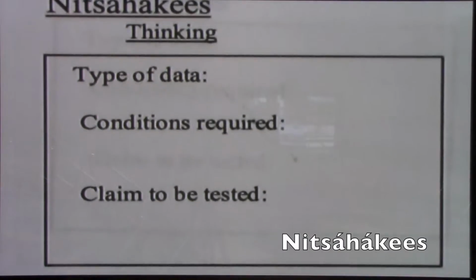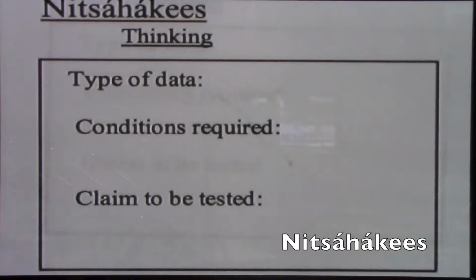Okay, so in the thinking section, we are thinking about all the different elements, what it is that's being asked, and what it is we really want to understand. So the type of data, we talked about using oral contraceptives or not, and then we talked about getting bacteriuria or not.